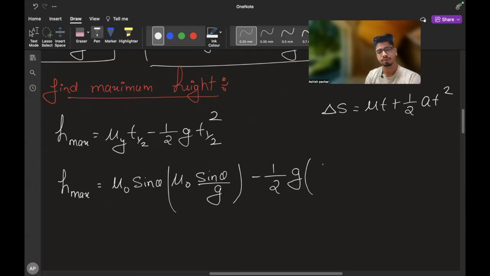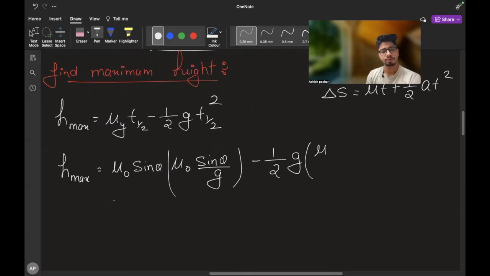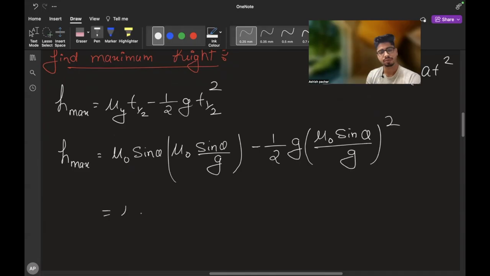So right now this is u naught sine theta by g, squared. If you solve this, u naught square sine square theta by g, minus, g will cancel out. This is half. And look at this.